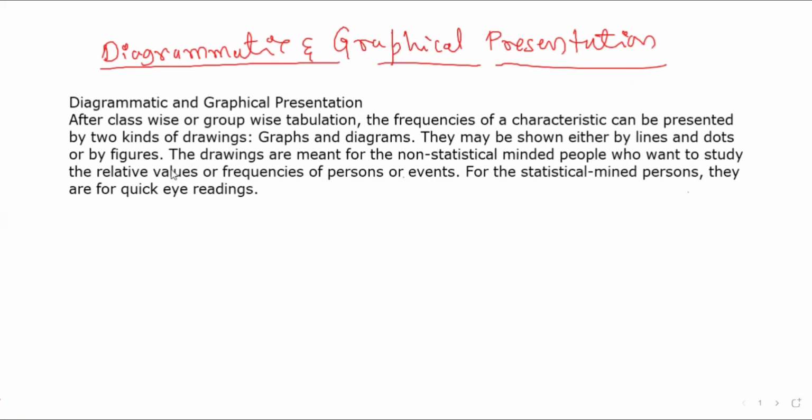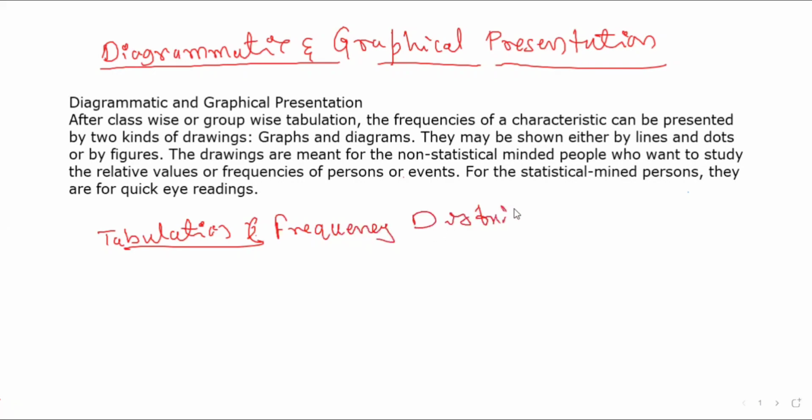Already we discussed which topic in the previous videos? Already we discussed tabulation, right? So tabulation is nothing but frequency distribution, right? But when you consider the definitions, both are different.